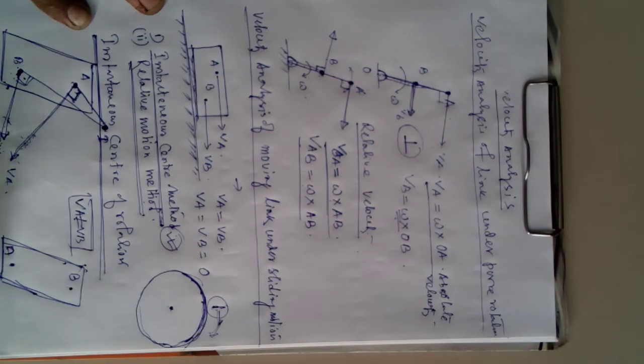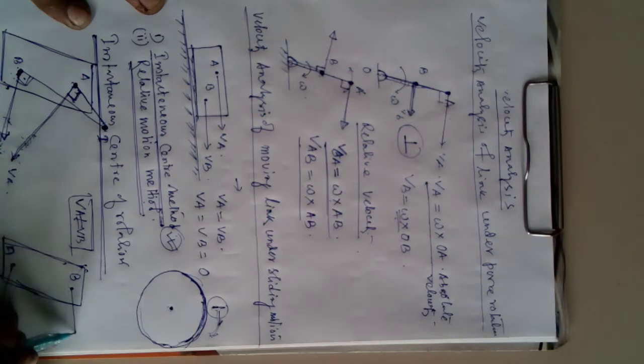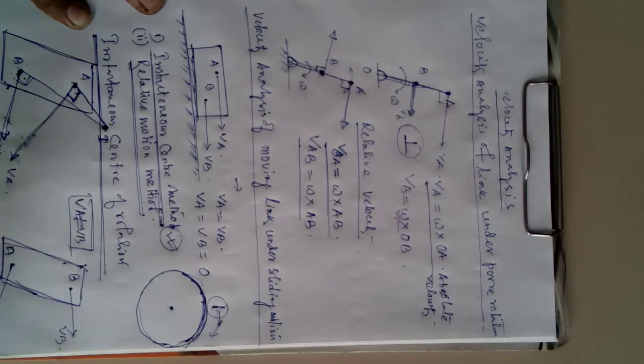So suppose that is the direction of VA, and suppose that is the direction of VB. Now we have to find out the instantaneous center. So what is the procedure? So that is VA and VB.